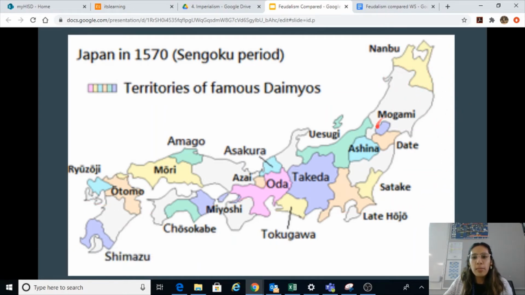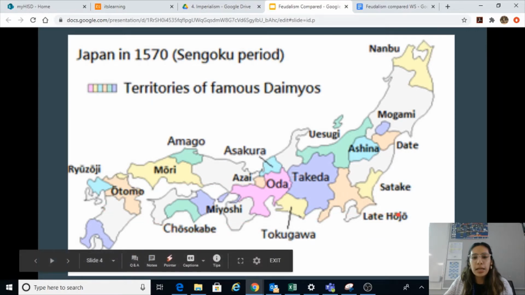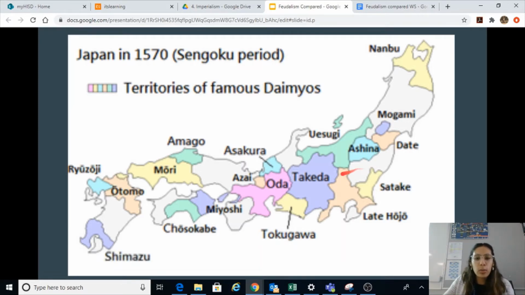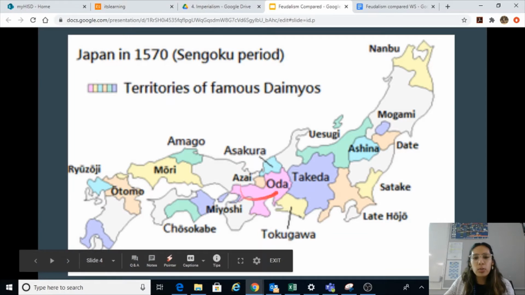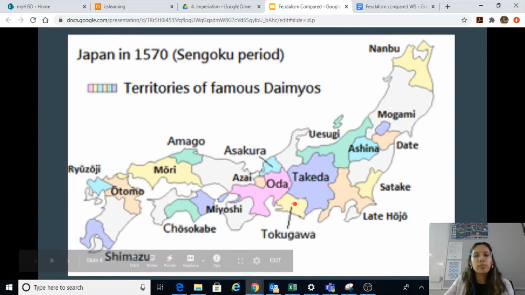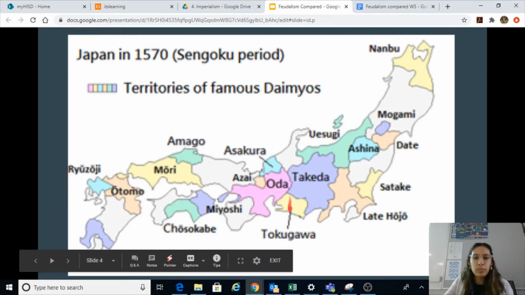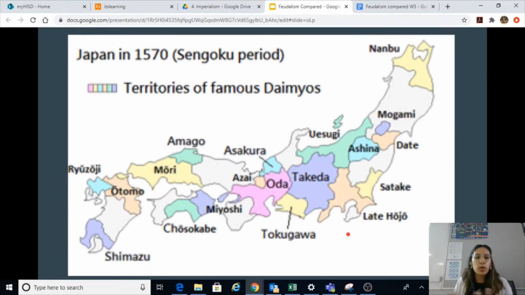You see, it's fragmented into all of these different sections. We have the different names of the clans, like the Oda and the Tokugawa, and they are going to fight for dominance over each other. We're going to have lots of periods where the Oda is going to take over the Takeda or the Asakura, stuff like that. So that's the political situation that's going to lead Japan into becoming feudal during this time period.